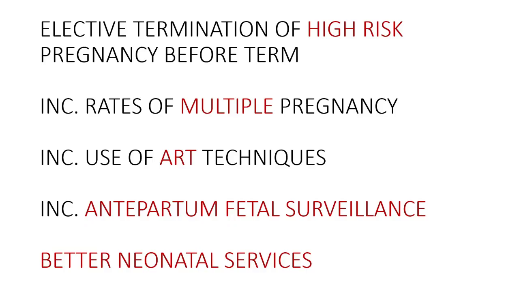A lot of women in the high risk category are getting pregnant, and termination of pregnancy is done electively before term, due to various complications of pregnancy like preeclampsia, oligohydramnios, and IUGR.